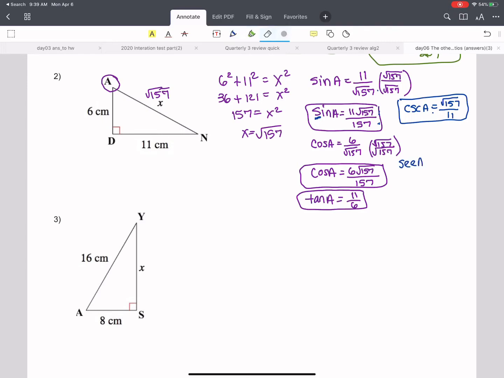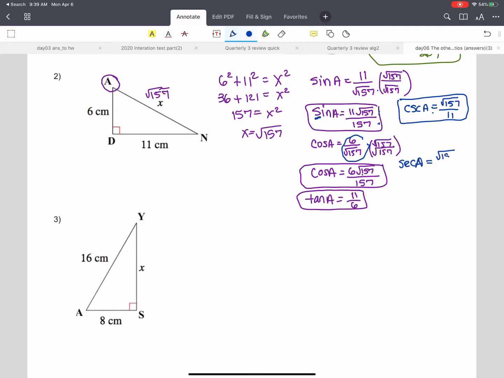And secant of A, oops. Secant of A is equal to, if you remember, you have to look at the reciprocal of cosine, but we can look at this one a little better.